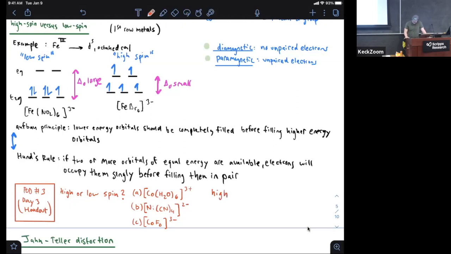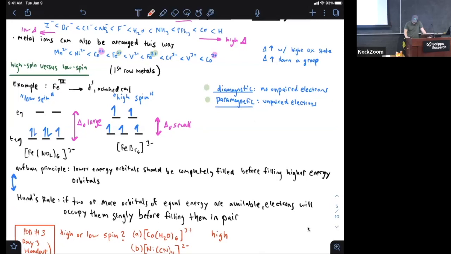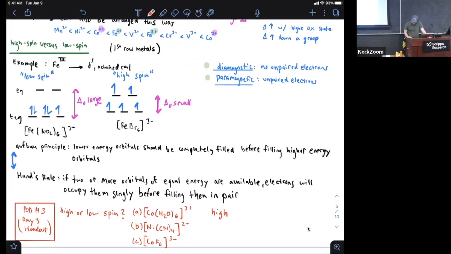Cobalt, the 3 plus oxidation state, I think it was the highest spin of the metals listed. Okay, and then what about the ligand set? And H2O is also one of the higher spin. Okay, and then where did you come down on, let's go out of order here, C?